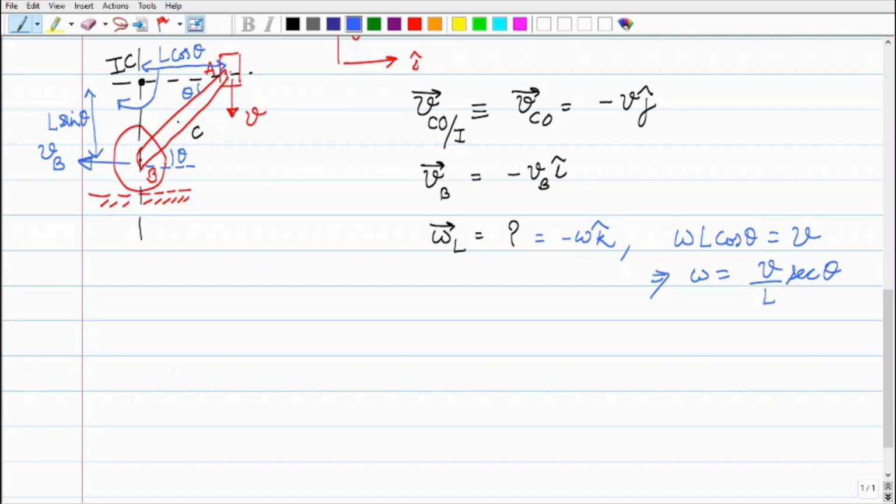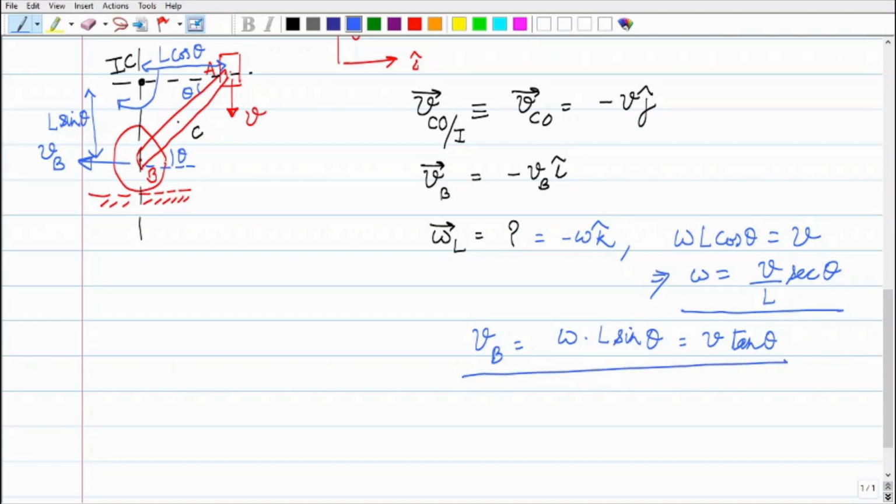VB is nothing but omega into L sin theta, and omega is V by L sec theta, so this is simply V tan theta. Right? Very simple. So we have found omega in terms of V, and we have also found VB in terms of V.